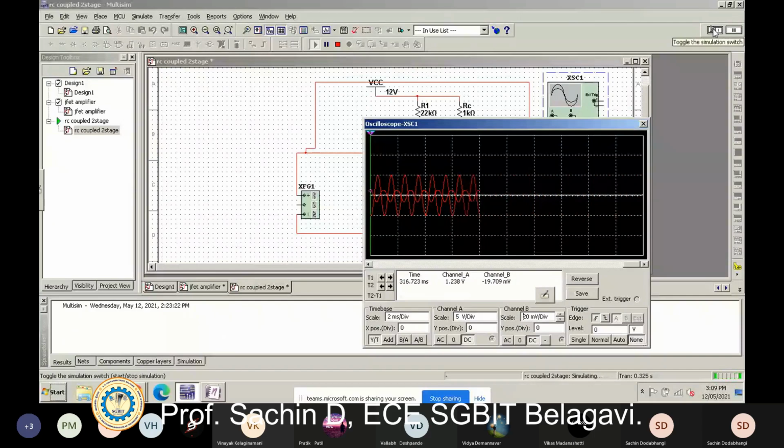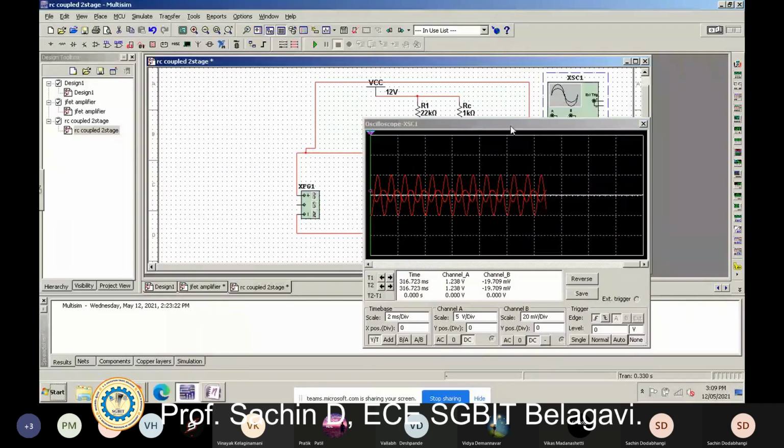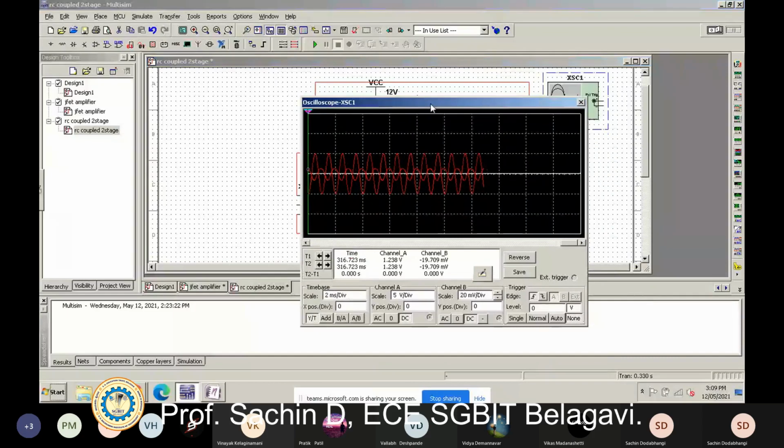I'll pause it. Hope you can see it. It's a small signal. If you read channel B, I had given it to input. So channel B scale is 20 millivolt per division, whereas channel A is 5 volt per division. That is a larger signal. Here you can see for positive input you are getting negative, amplified output.